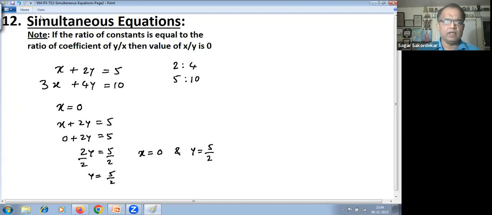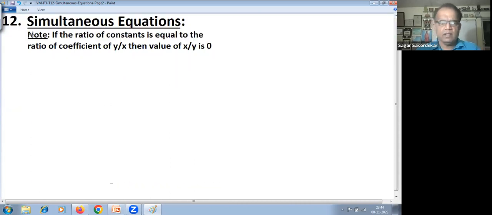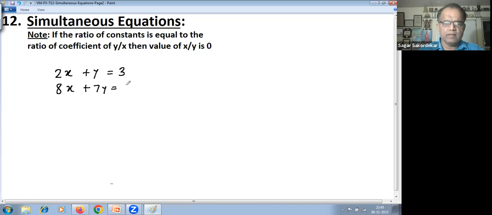Let's try one more example under this. 2x plus y equal to 3 and 8x plus 7y equal to 12.